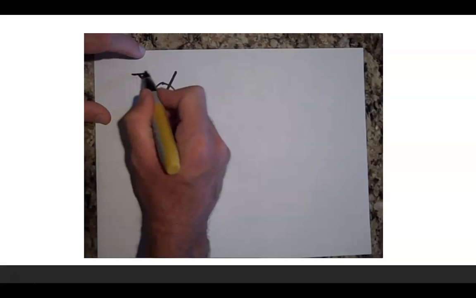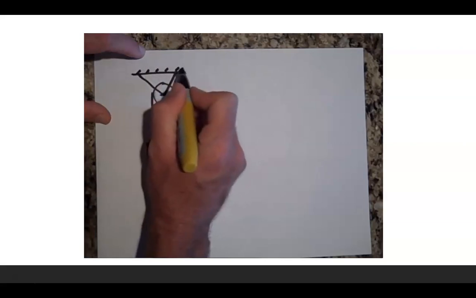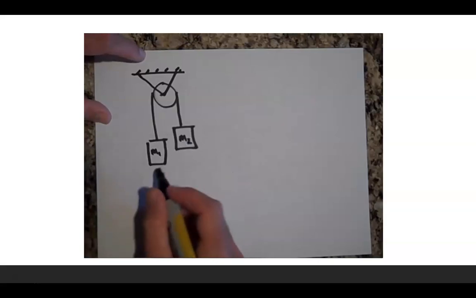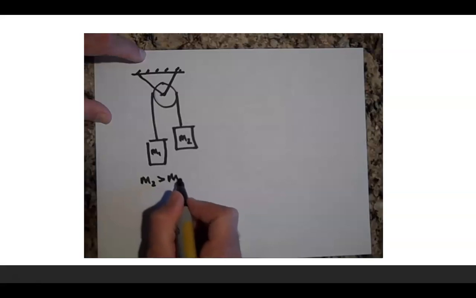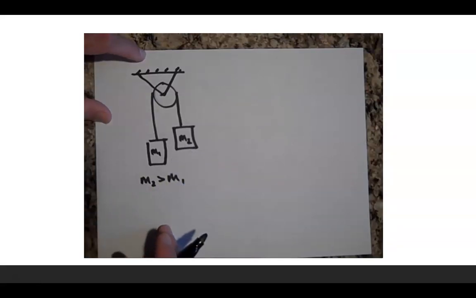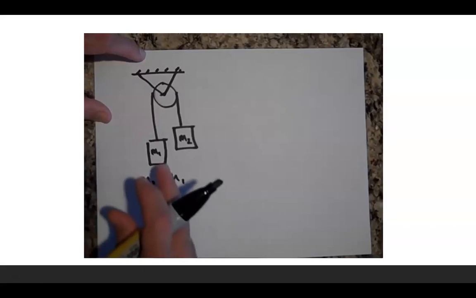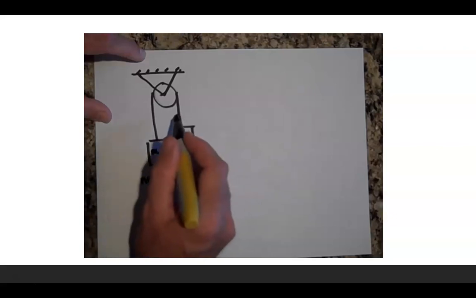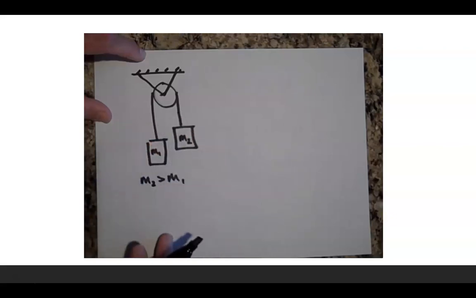I'm not always going to draw the ceiling when I do these, but it's attached to a ceiling. Let's say that M2 is greater than M1, so it's going to accelerate this way. And let's say we want to know two things. We would like to know the acceleration of M2, and we would like to know the tension in this string.